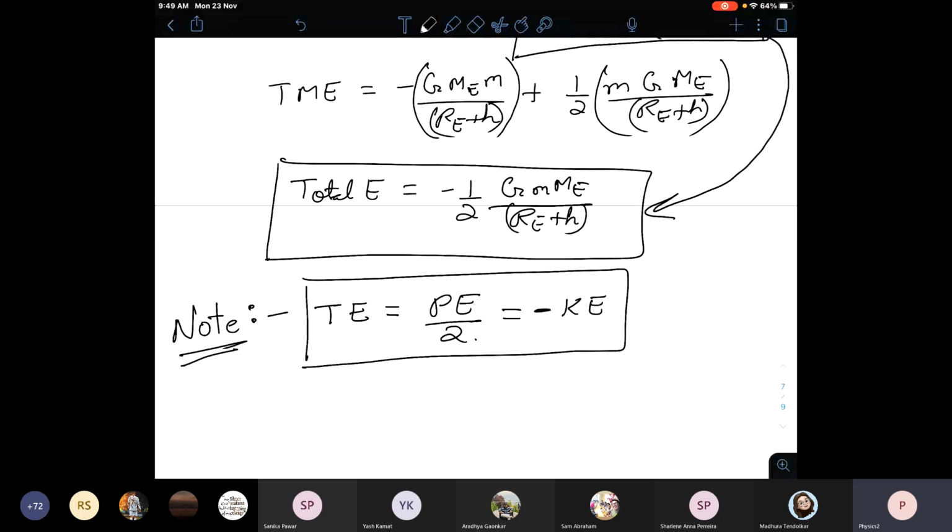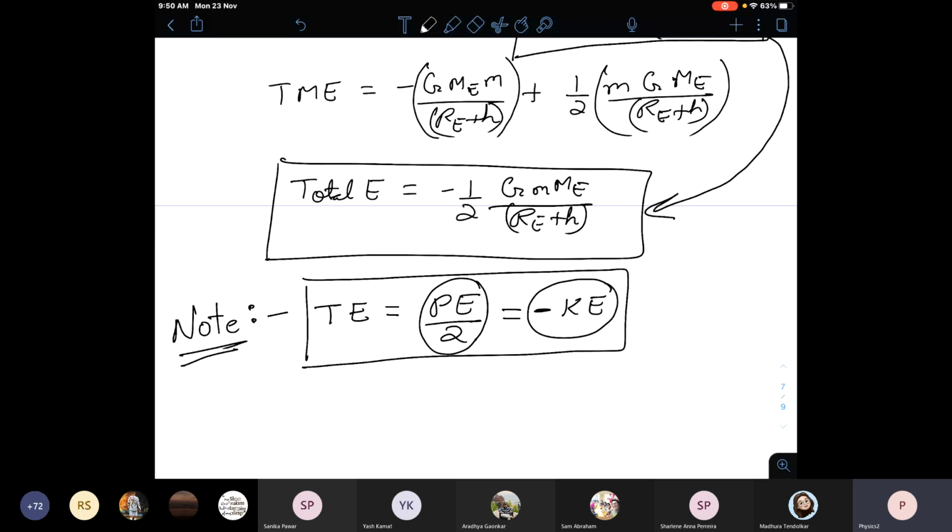For a given satellite, if it is orbiting the earth at any height, irrespective of height and all, the total energy it contains is either equal to potential energy by 2, the half of the potential energy it contains, or the negative of kinetic energy it has. This is how you can calculate the total energy.